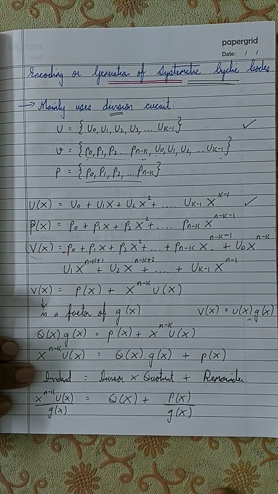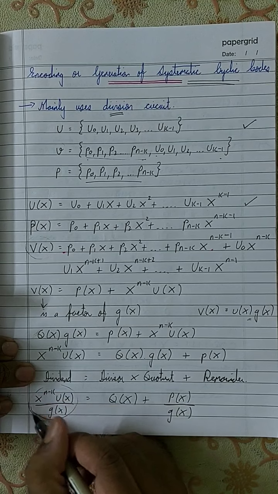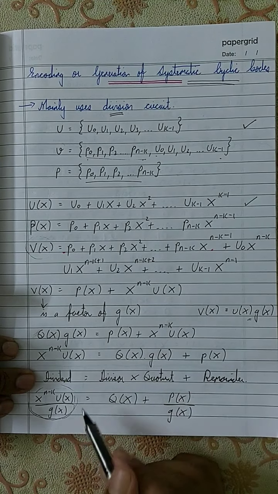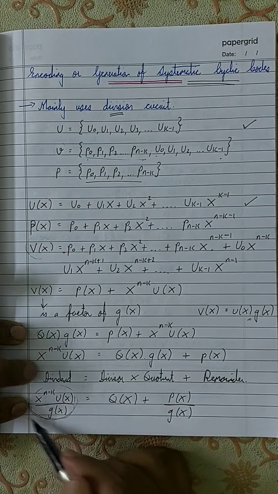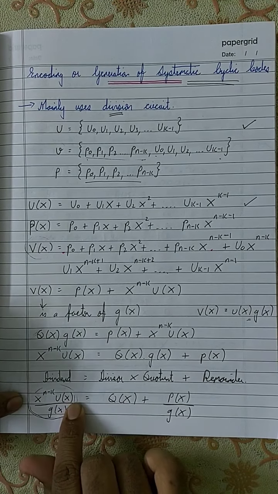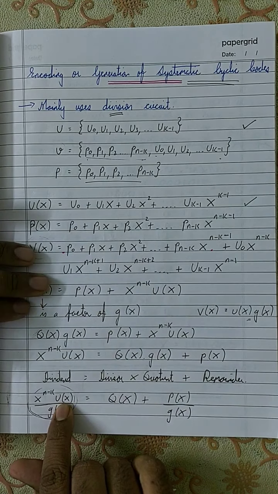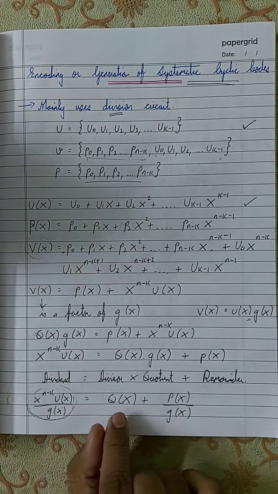Here what you're trying to do is create a circuit of this type, because we already have u of x. From u of x you can create a circuit that looks like this. Your input will be u of x as usual, and the first output you will get will be the quotient itself.